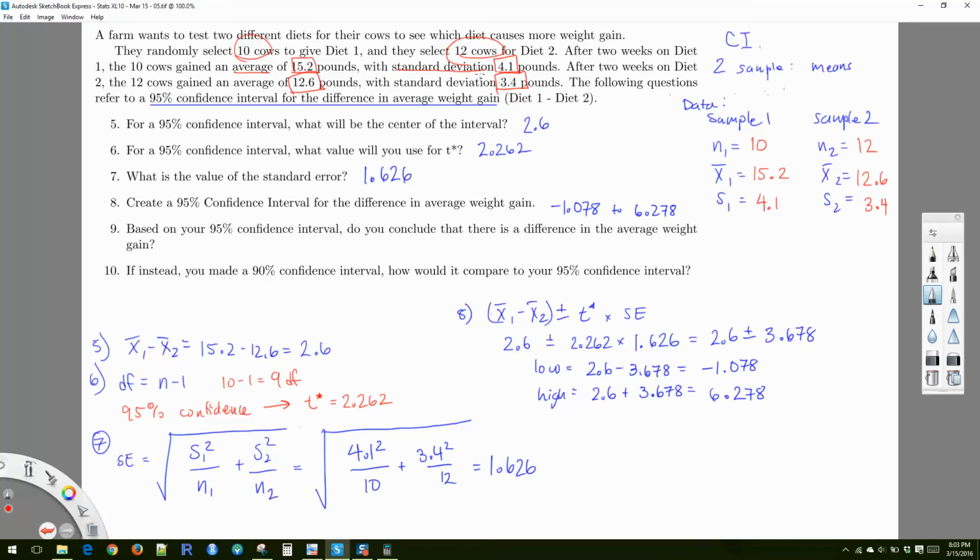The key is, if you're dealing with a numeric variable, it's means. If you're dealing with a categorical variable, it's proportions, okay? And our variable here is weight gain, which is a numeric variable, so that's why we're dealing with means. And if you're not sure whether it's numeric or categorical, keep reading the problem and look for keywords like average and standard deviation, which will tell you you're dealing with a numeric variable.